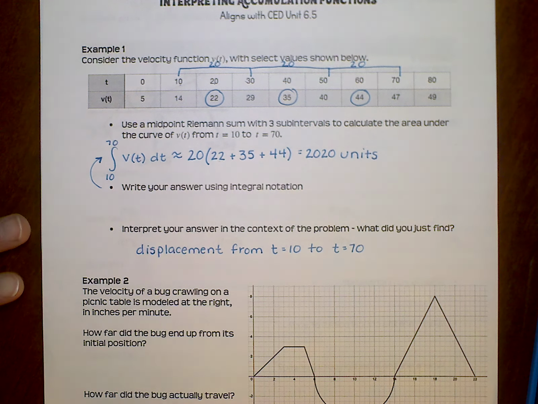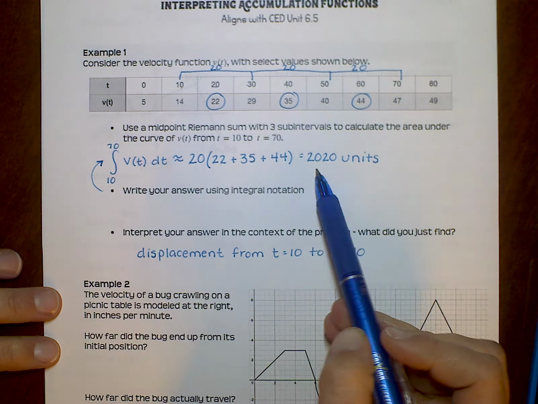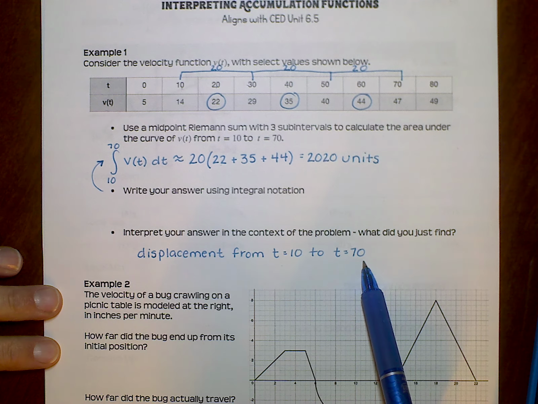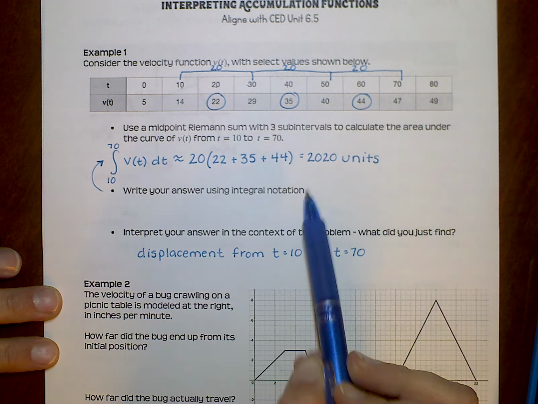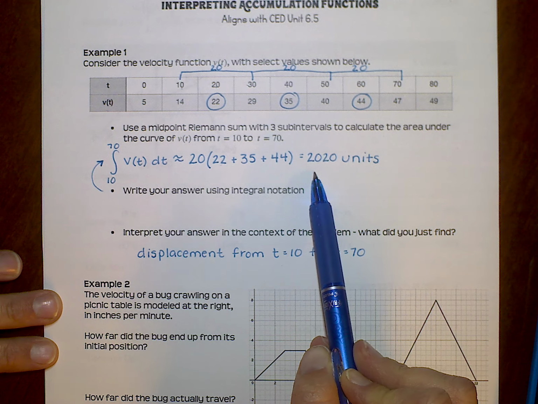And I'm using the word displacement very carefully here because what I know for sure, well, it's an estimate, so I guess I don't know it totally for sure, but I know that from 10 minutes to 70 minutes, or whatever these happen to be, maybe they're seconds, 10 seconds to 70 seconds, my position changed by this much.